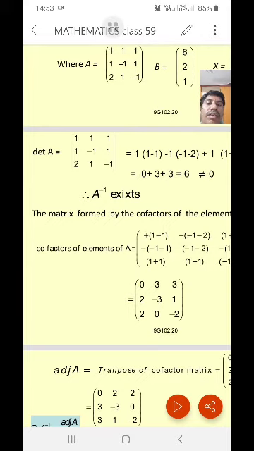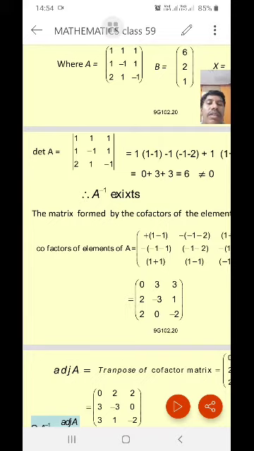Each element we can write as a cofactor. Cofactor means minus 1 whole power i plus j into the minor. Or simply we can say the first element is positive, its next element is negative, and the next element is positive, so they have opposite signs. So here, the first one is plus, and for the minor of the first element we take the row and column where the first element is intersected and eliminate them.